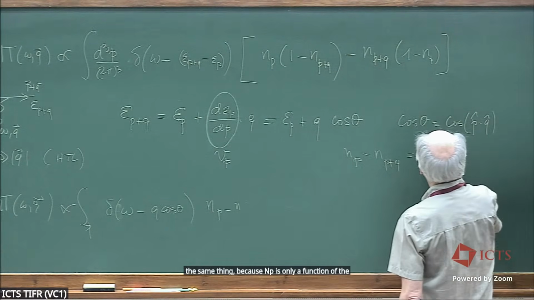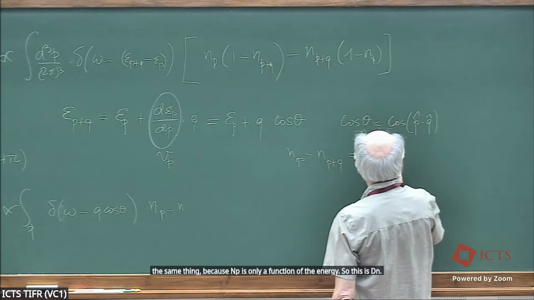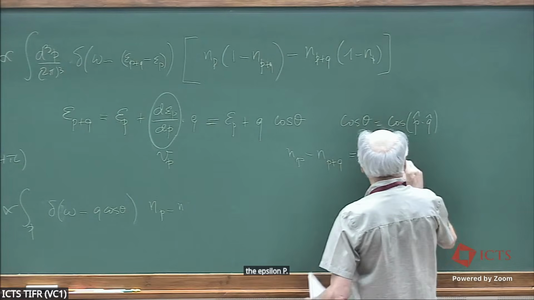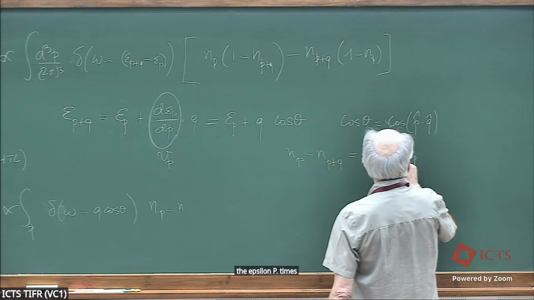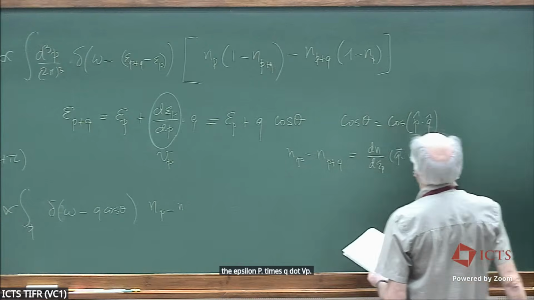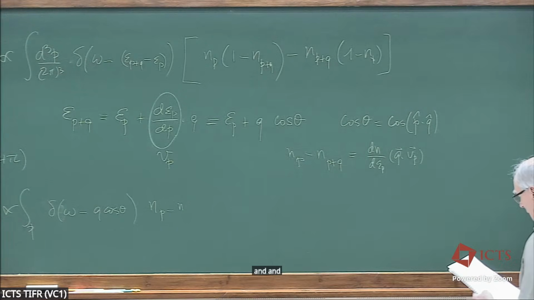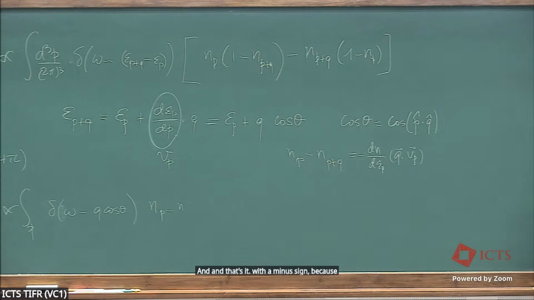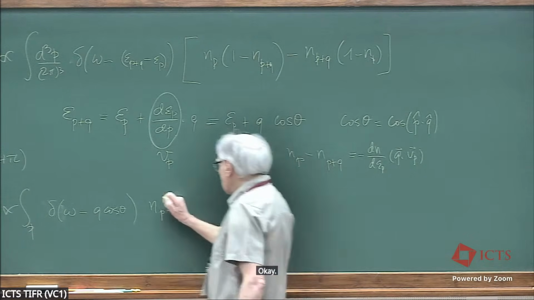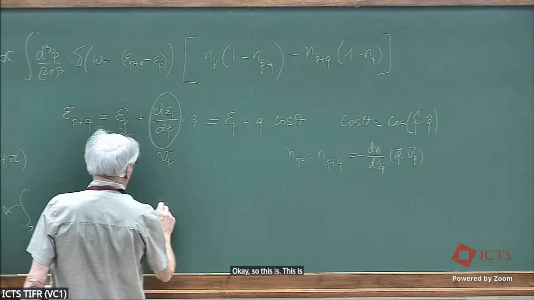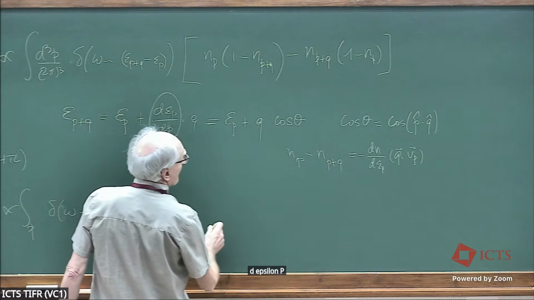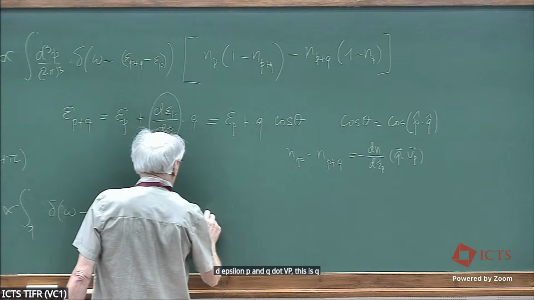So this is dn/d epsilon_p times q dot v_p, with a minus sign because I'm taking the difference between p and p plus q. So this is given by dn/d epsilon_p and q dot v_p, which is q cosine theta.